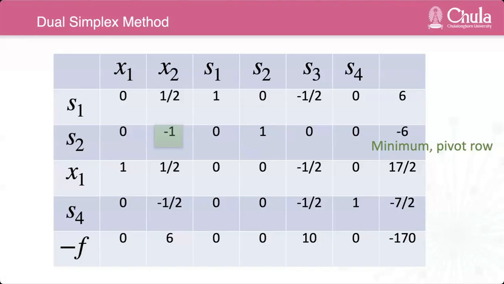And A must be, no, C over minus A. Yes. And A must be negative. Okay? This is the pivot row, and this is the pivot element. Okay? Then we make this element to be 1. Okay? This must be 0, 0, 0, 0. Okay?